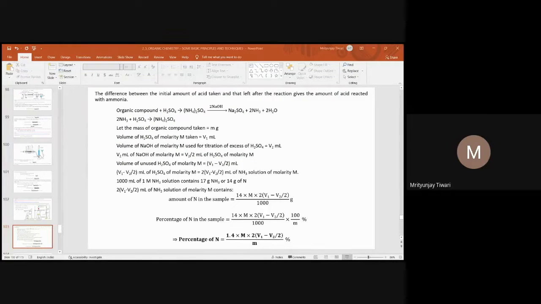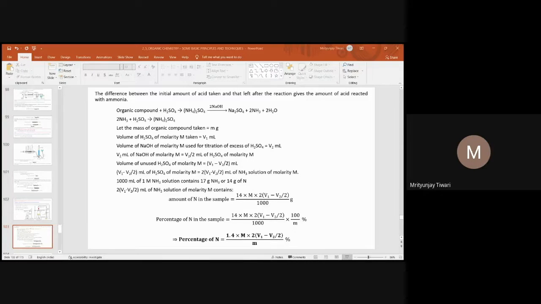This is a very standard thing that we do for calculating the percentage of anything. On solving this, the two zeros cancel out, and 1000 is 10 times 100, so 10 is here, and that makes it 1.4.